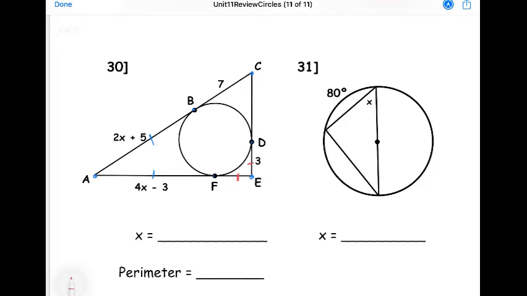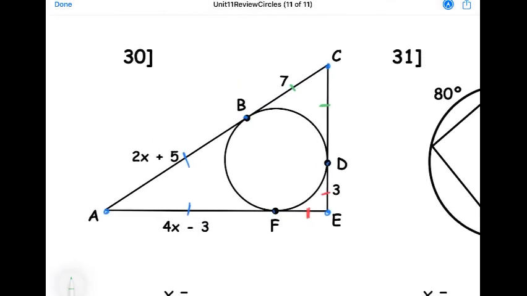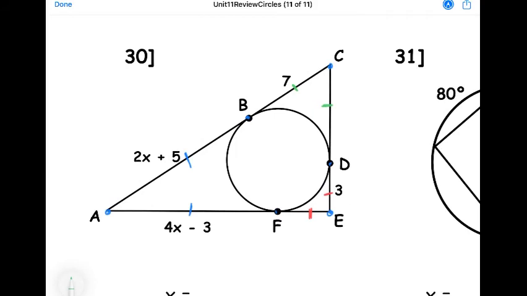This side is going to be congruent to this side, and this side here is going to be congruent to that side. So with that being said, we can go ahead and fill out some of these sides. So if B to C is 7, we know C to D is also 7, and D to E is 3, F to E is also going to be 3.